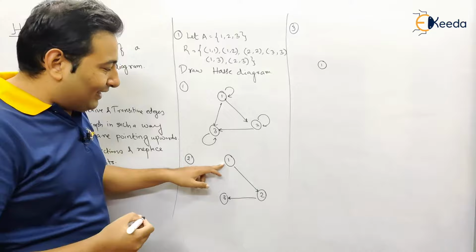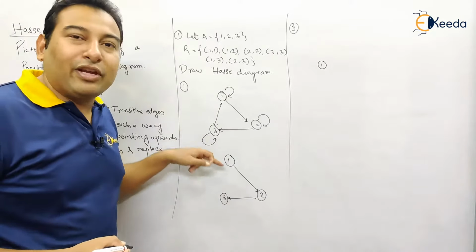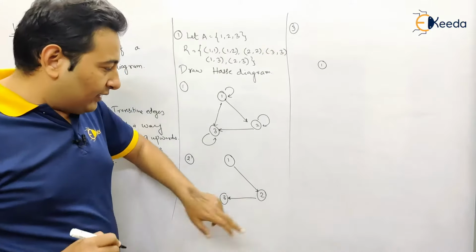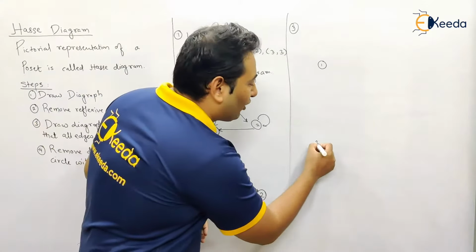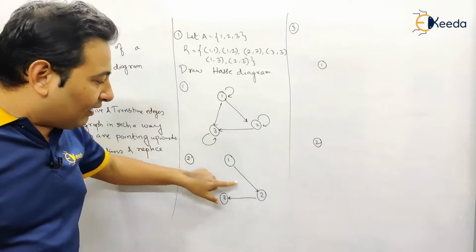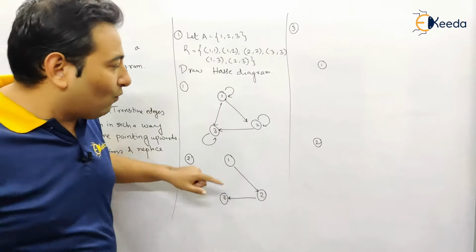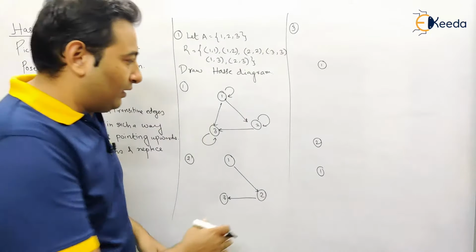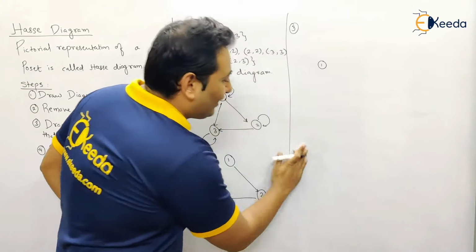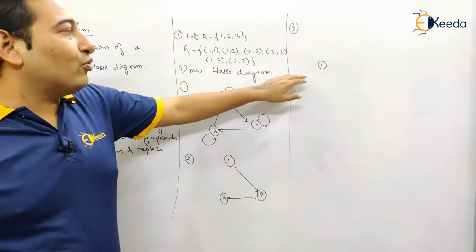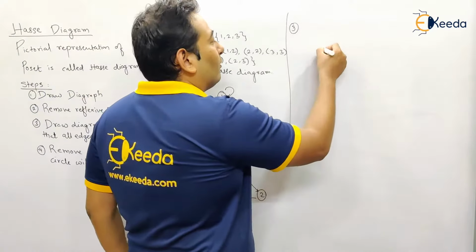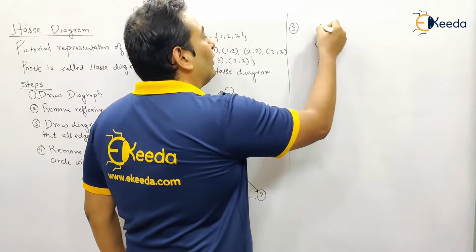Because there is no incoming edge to 1. I cannot write 2 at the bottom because there is an incoming transition to 2 from 1. So 1 has to be below 2. Since there is no incoming transition to 1, I am going to write 1 at the bottom. From 1 there is a link to 2, and from 2 there is a link to 3.